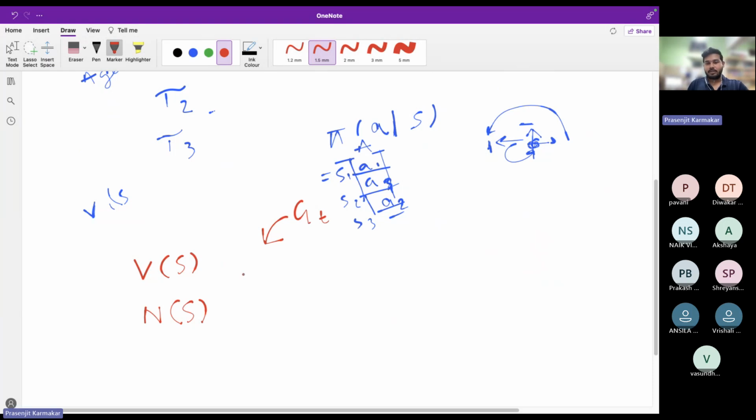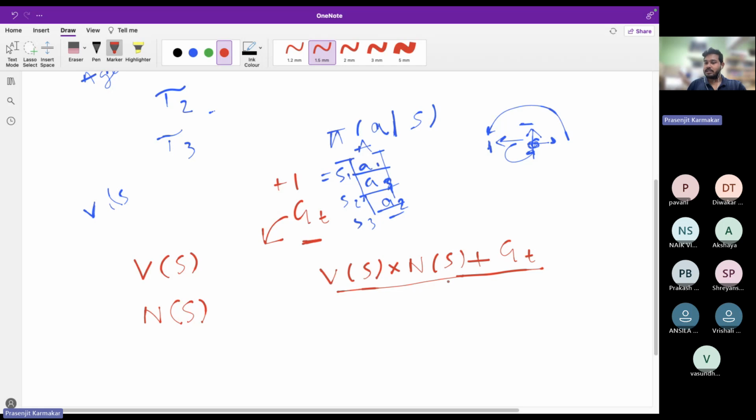So how can I update? What is the total value? The total value is the average times the number of visits, N(s). Now you visited again and got a return G_t. So this is the total till N(s), plus the current return that I got. Now it's the new total.